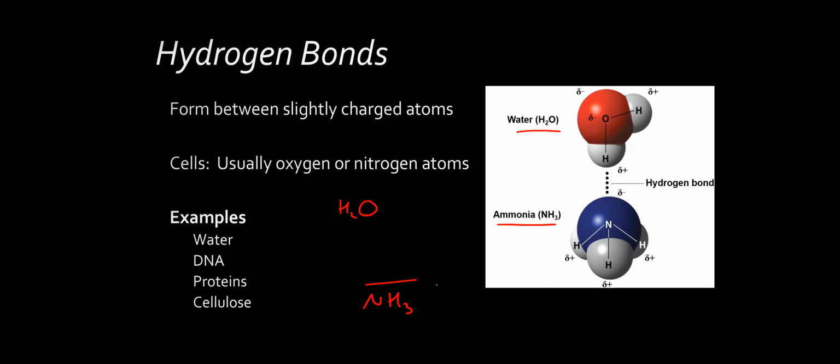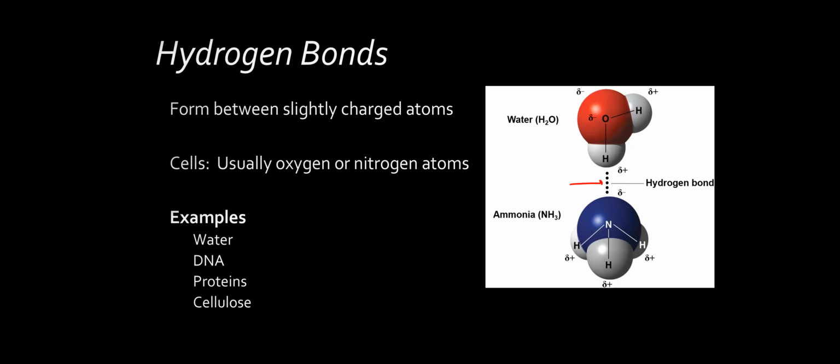The point is ammonia is the counterpart to oxygen in terms of the chemistry of oxygen versus nitrogen. And you can see here that like a water molecule, an ammonia molecule has a slight negative and slight positives. And the key here is the slight positive of the hydrogen interacts with the slight negative of the nitrogen, forming a stable but weak bond.